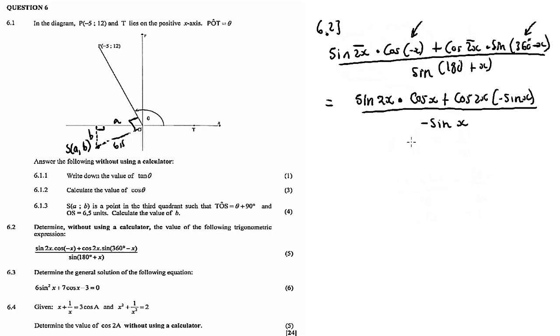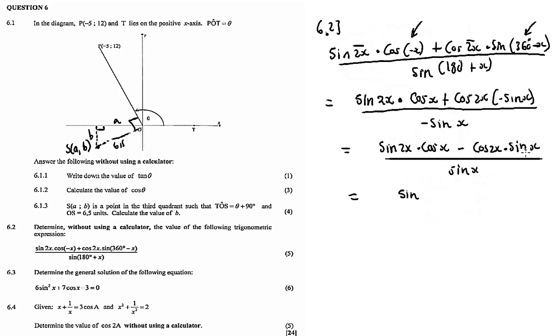Equal to sine 2x cos x minus cos 2x sine x, everything divided by negative sine x.